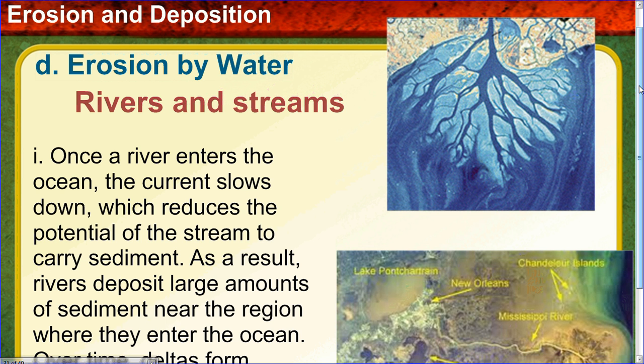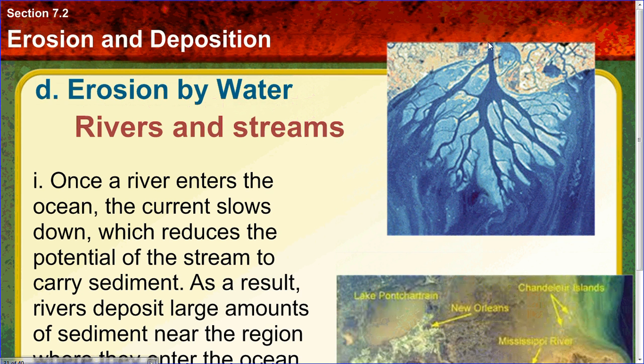What you've got here is the mouth of a river coming down into the ocean, and you get sandbars and little channel islands that will start to develop. All this land area in here is the result of sediment being carried down through the river and then being dropped.